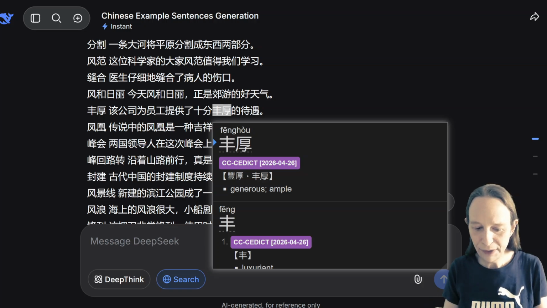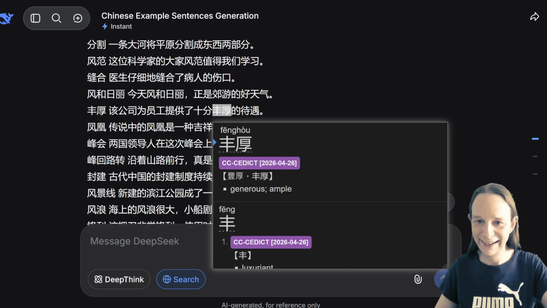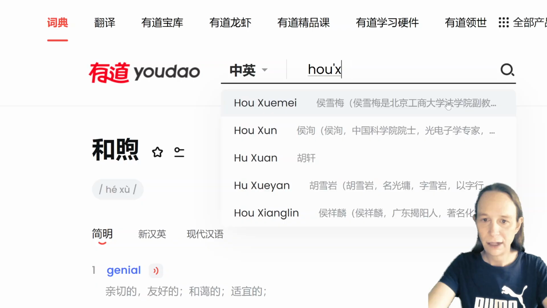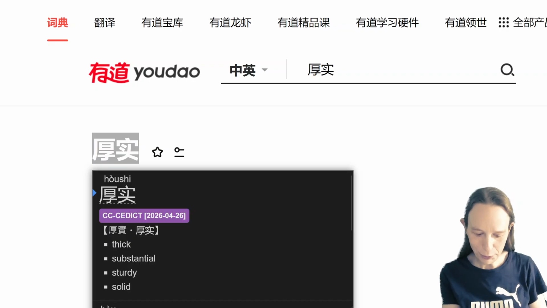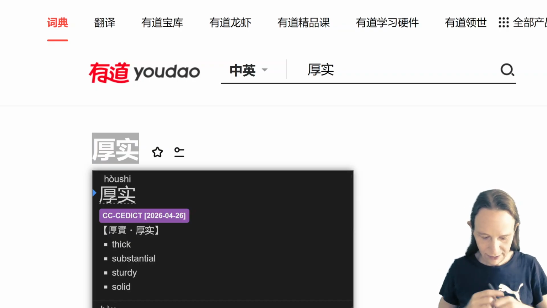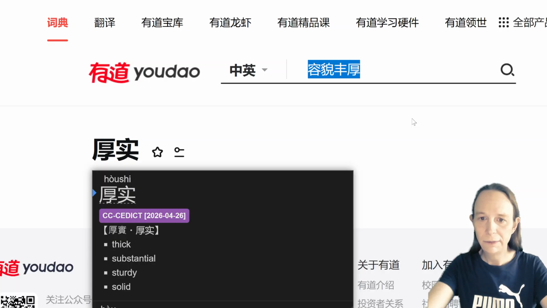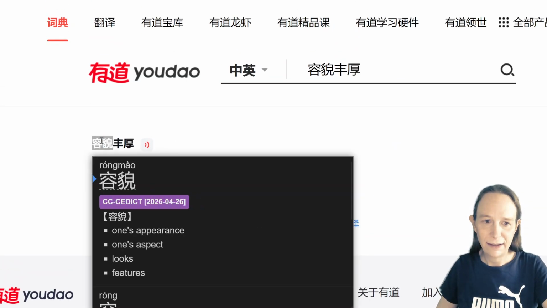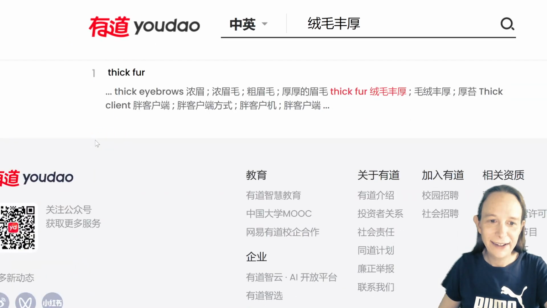形容词多而厚实. So, like plentiful and 厚实. What is 厚实? I don't know this word. Thick and solid, substantial. All right. So 多而厚实. 绒毛丰厚. 绒毛 rich in fluff.